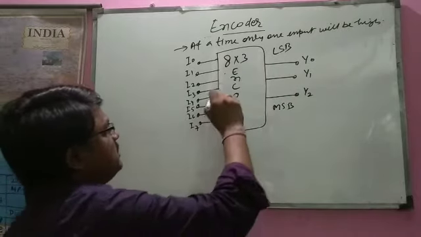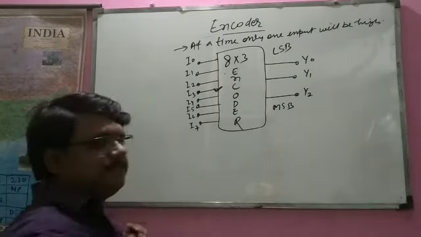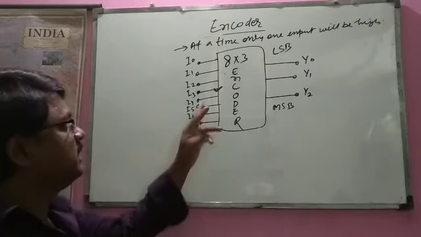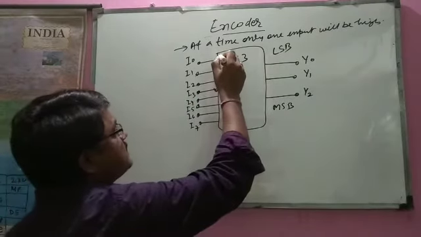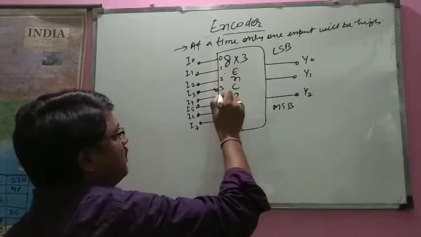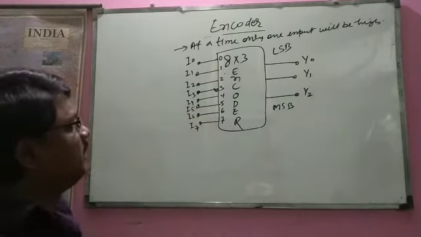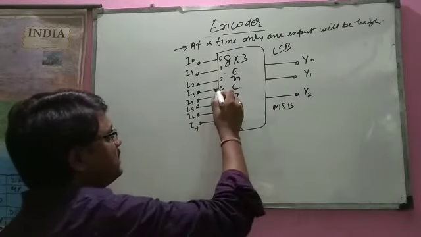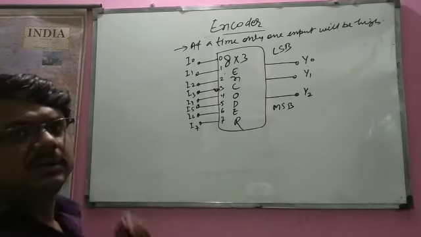Let us suppose this fourth pin is high. It means it has octal number 3, because it has 0, 1, 2, this is 3, 4, 5, 6 and 7. These are the octal numbers. If this pin I3 is high, it means we have octal number 3.